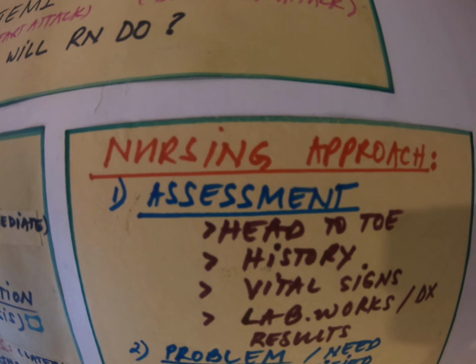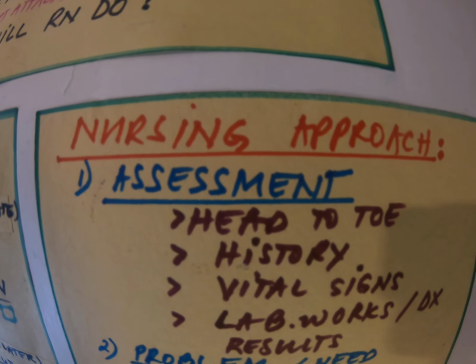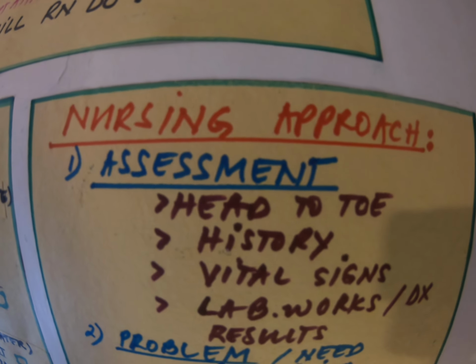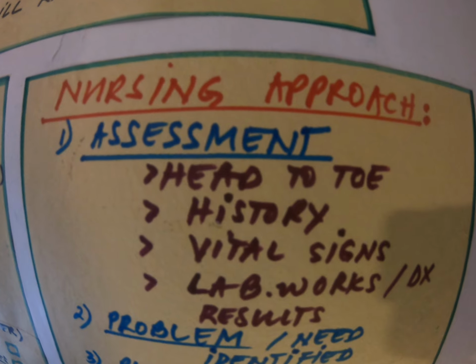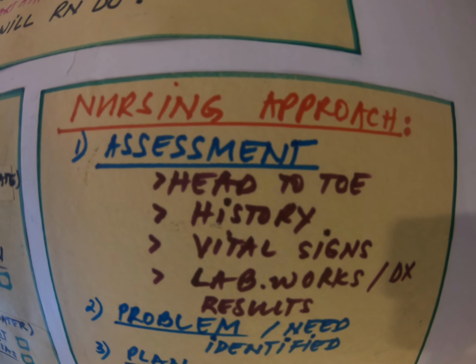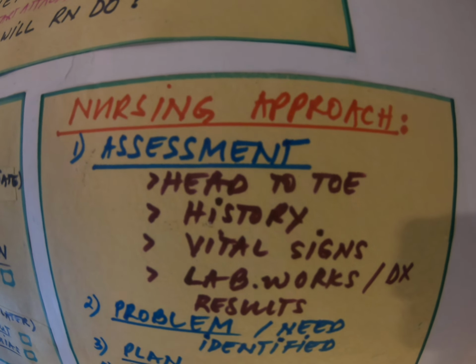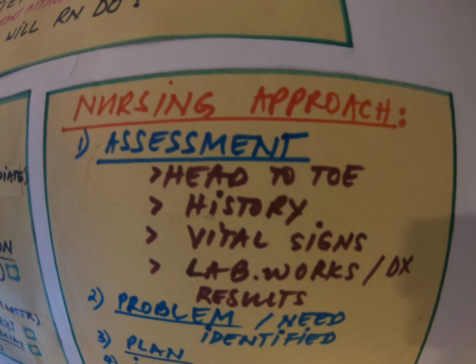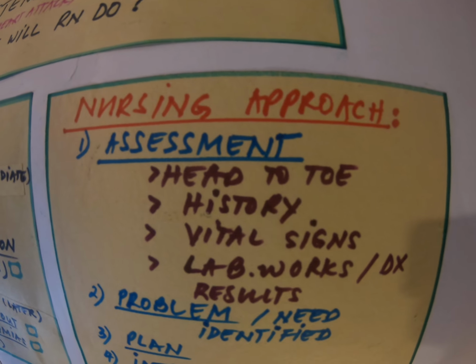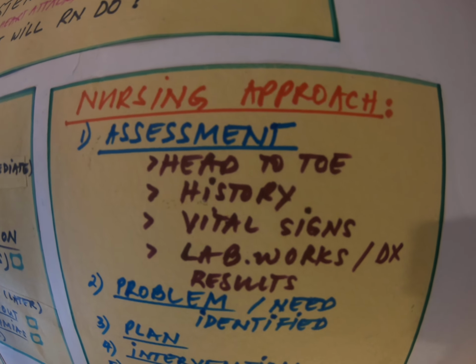So also we will be utilizing here the nursing approach. That includes the assessment, head to toe, all the systems from neuro, pulmonary, cardiac, GI, and GU. Gastrointestinal or genitourinary.